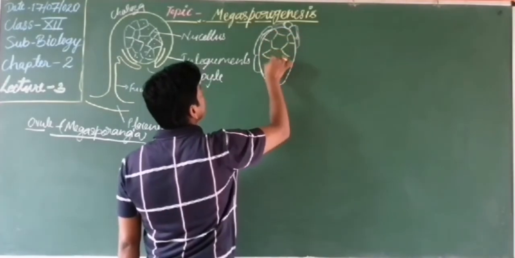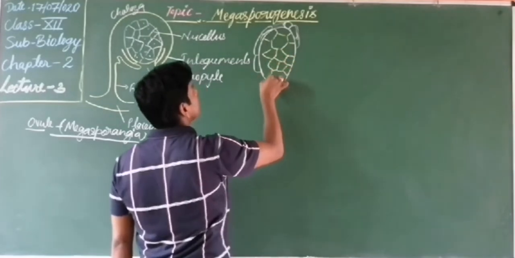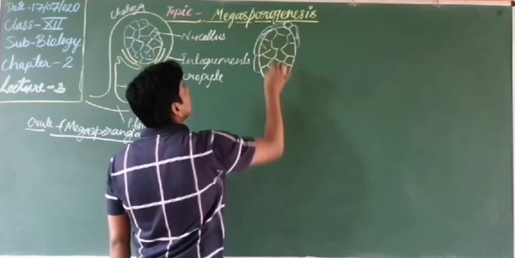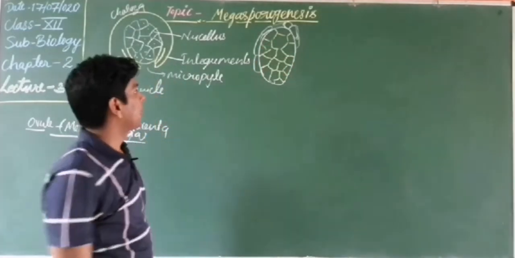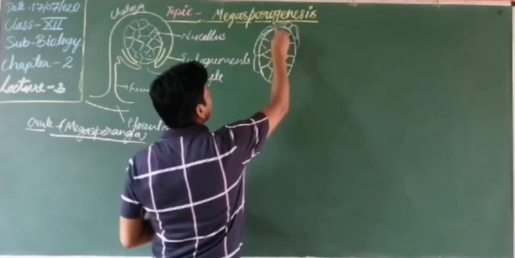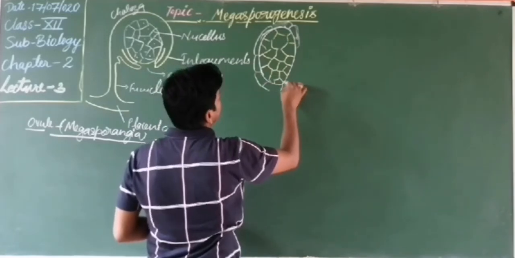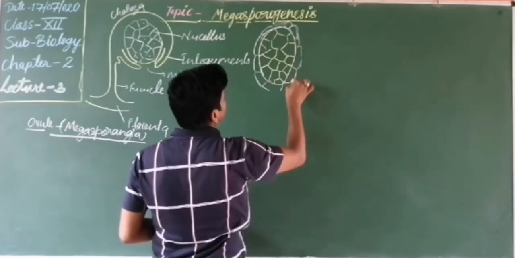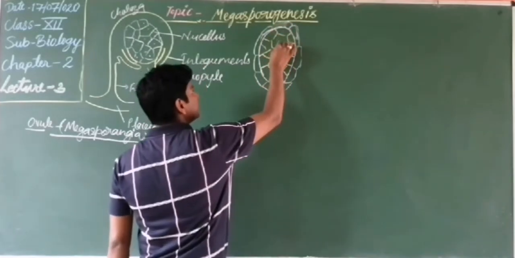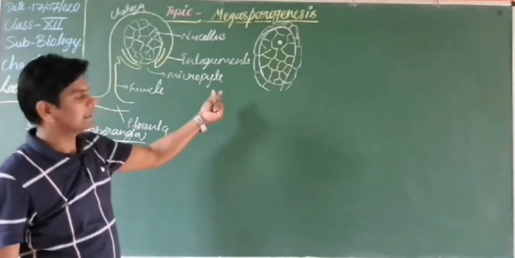Here is the nucellus. Students, now here this is the micropyle, so this is the micropylar end, and at the micropylar end one cell of the nucellus develops in size.